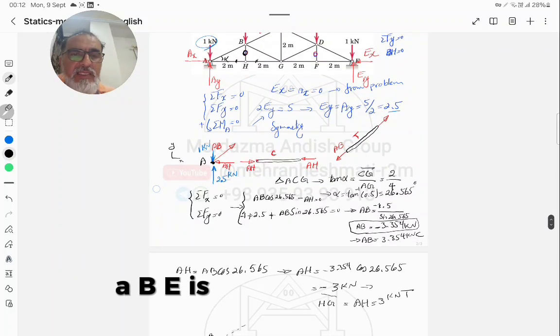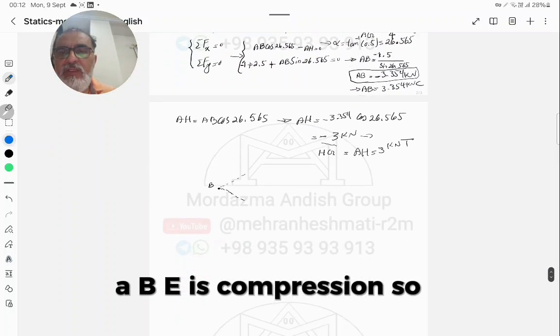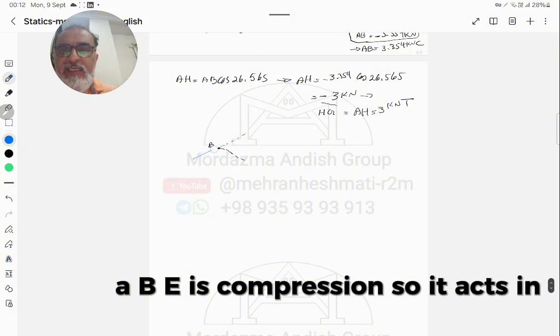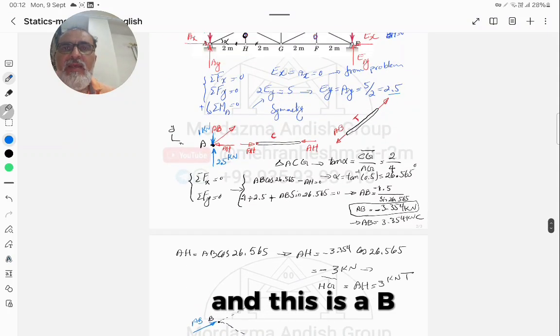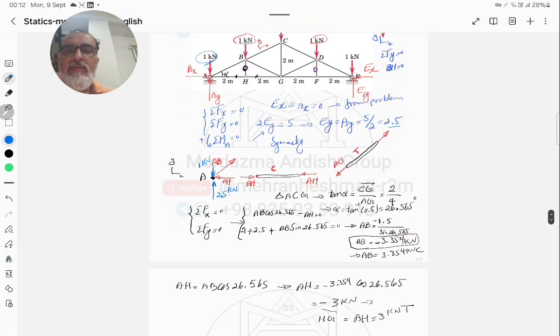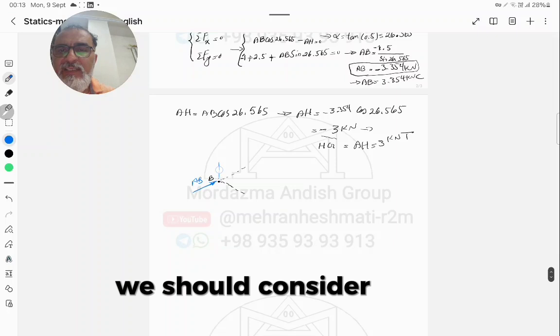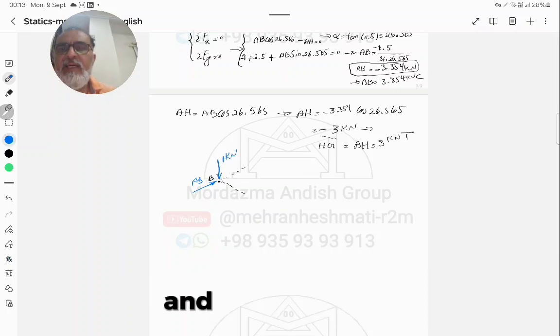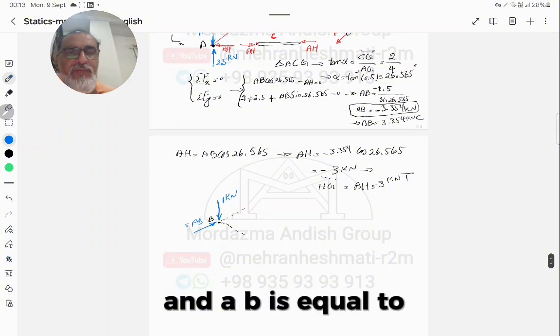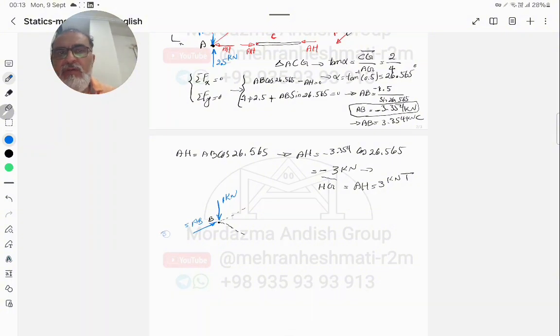AB is compression, so it acts in this direction, and this is AB. And now BH is equal to 0, BG and 1 kilonewton. First of all, we should consider 1 because of the last mistake. And AB is equal to 3.354.